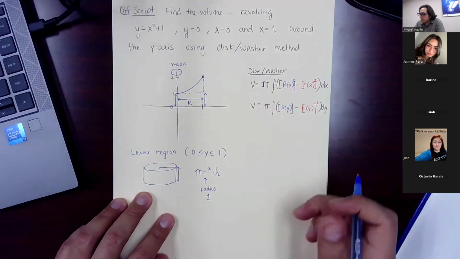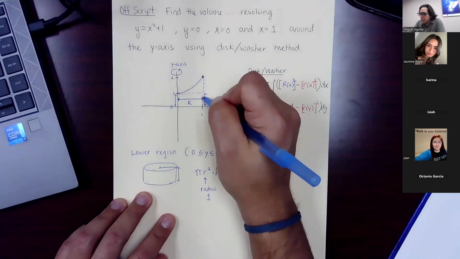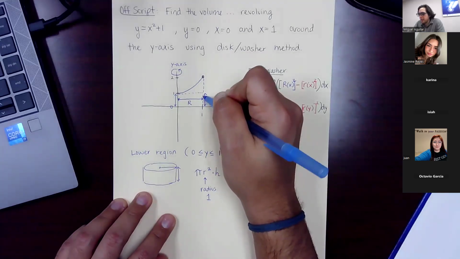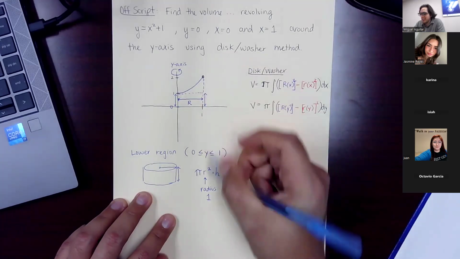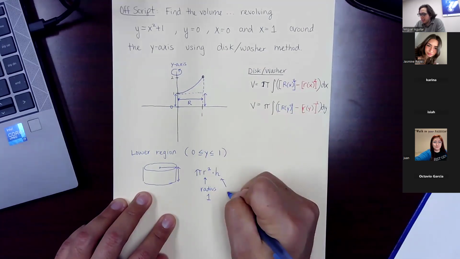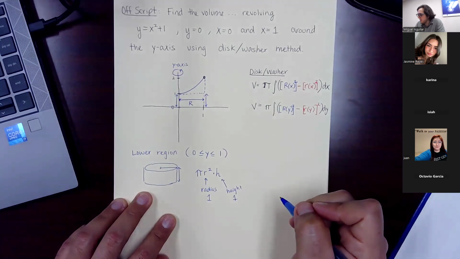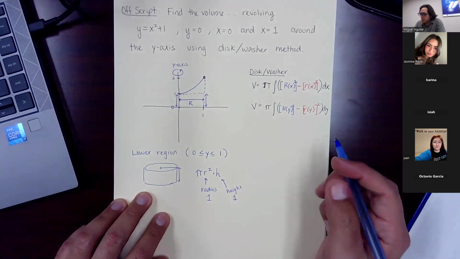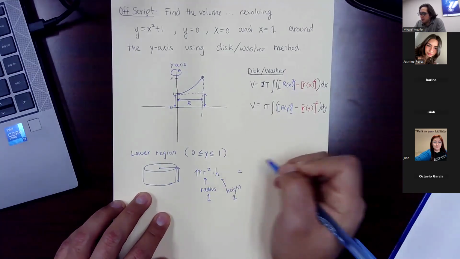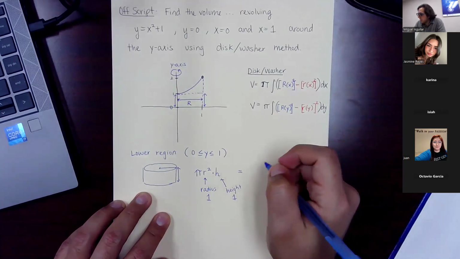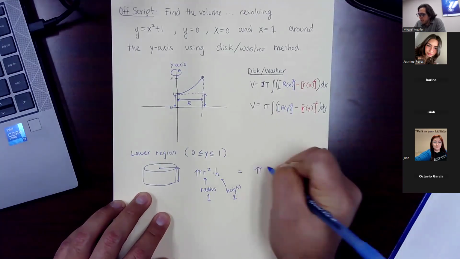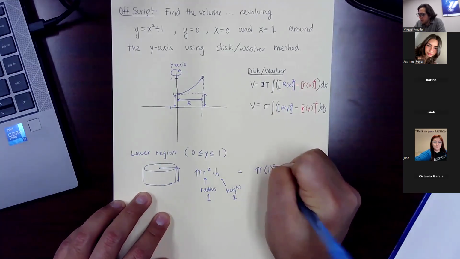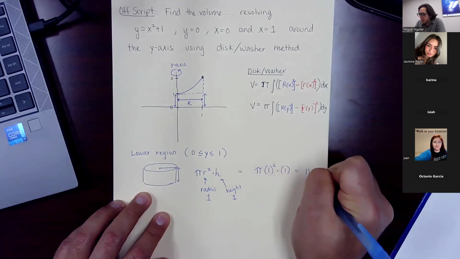Okay. And then the height, well, what's the height here? From 0 to 1? The height is 1, right? So for this, we don't even really have to integrate it. We can just say that that's going to be pi times 1 squared times 1, which is just pi.